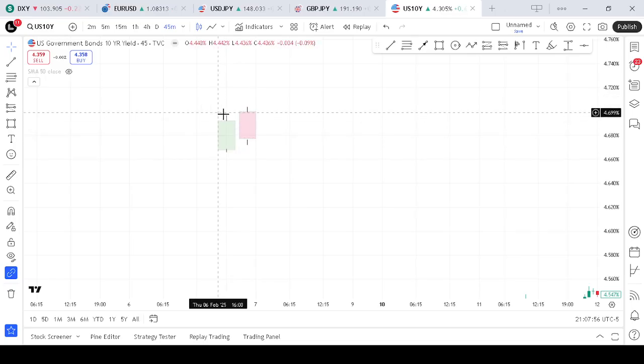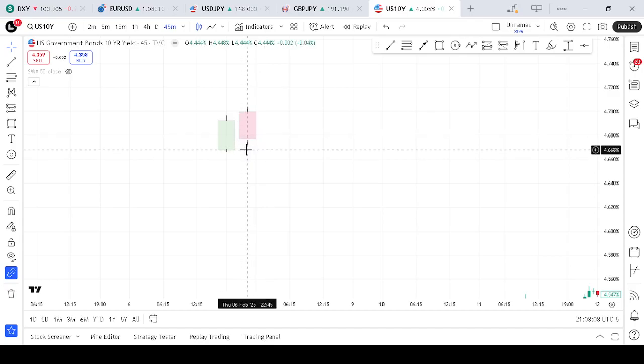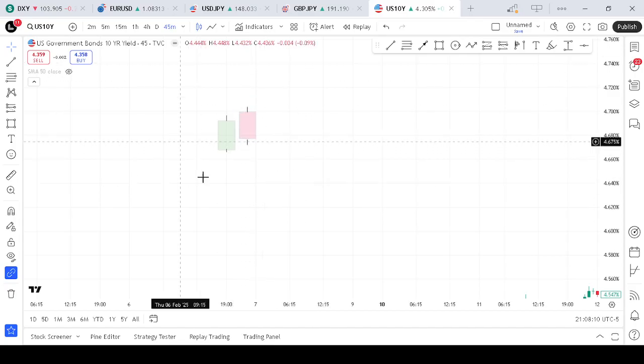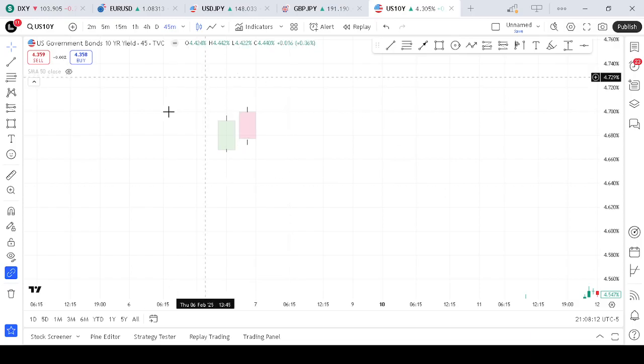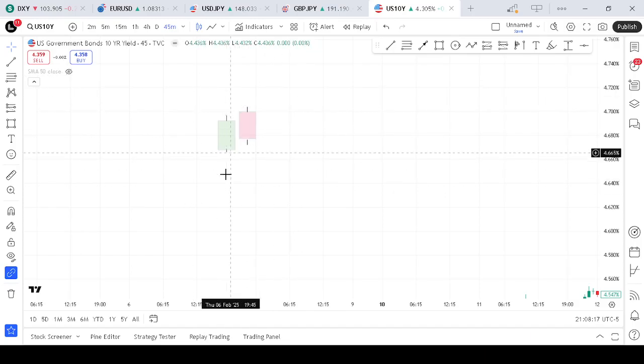The second candle opens higher than the first one but faces intense selling pressure, pushing price down to close near the previous candle's closing point. So this is exactly the pattern we should be looking out for in an uptrend.